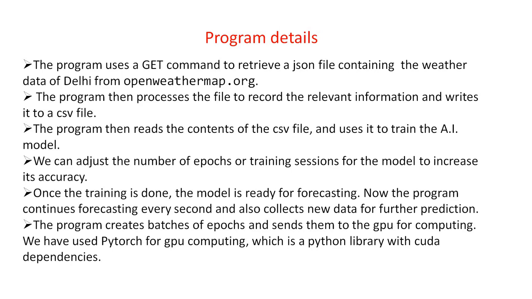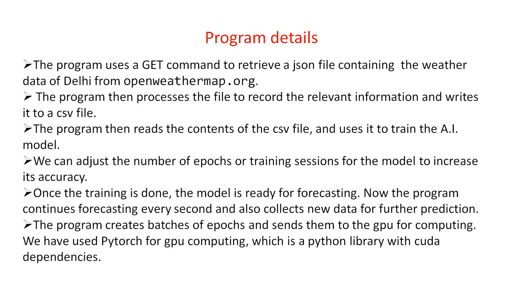So the updated weather data from openweathermap.org, they record information about weather, and that is read by this program and written into a CSV file. It's a simple CSV file, comma separated values, and the program then reads the contents of the CSV file and uses it to train an AI model.